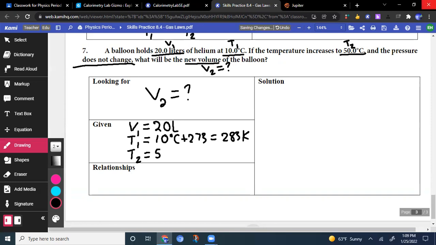Temperature 2 is going to be 50 plus 273. 50 plus 273 is 323 Kelvin. Write our main equation down.